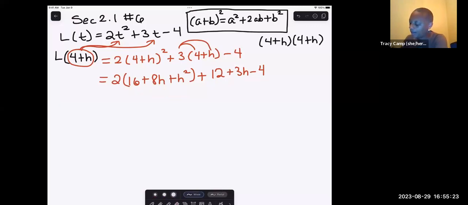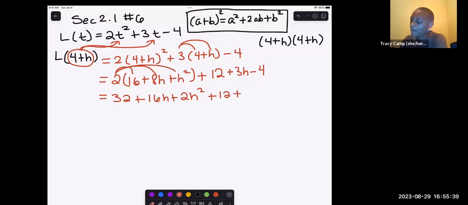From here, I'll go ahead and distribute the 2. So I end up with 2 times 16 is 32, 2 times 8 is 16h plus 2h squared, and then I have plus 12 plus 3h minus 4, and then let's combine like terms. I have 2h squared, which doesn't get combined with anything.